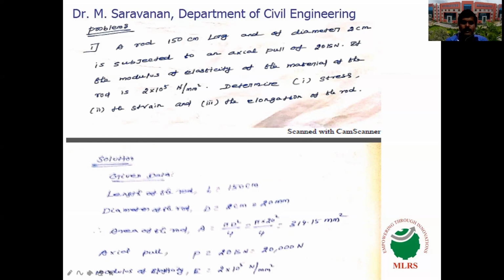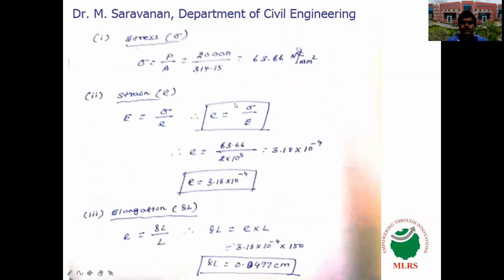And the modulus of elasticity, which is nothing but Young's modulus, E is equal to 2 into 10 power 5 Newton per mm square. These are all the data given. They asked you to find the stress sigma, the strain epsilon and the elongation delta L.